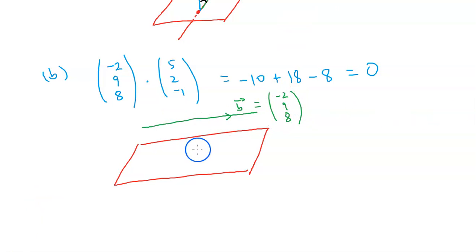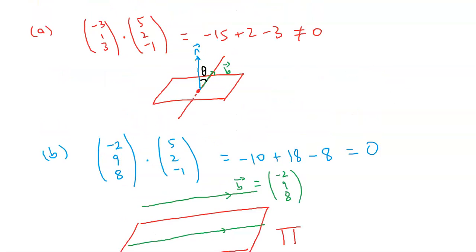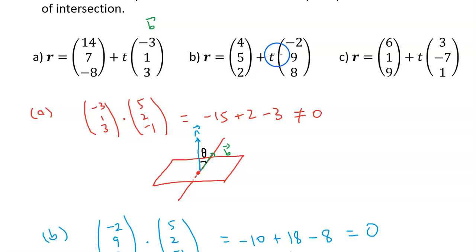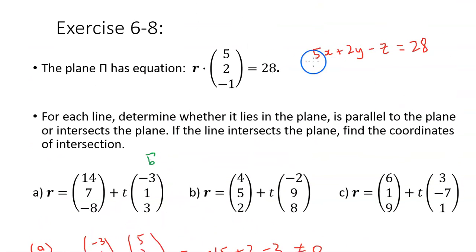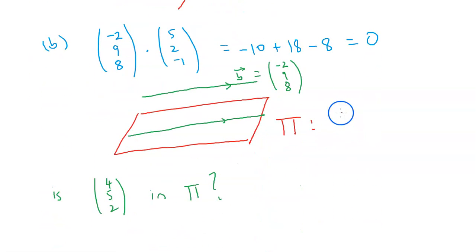To check if it's actually inside the plane or not, so right now it could be either of these two situations. To check if it's inside, just take a point on the line. For example, when t equals 0, we have the point (4, 5, 2). Is (4, 5, 2) in the plane? Well, in order to check that, let's look at the equation of pi, which is 5x plus 2y minus z equals 28.